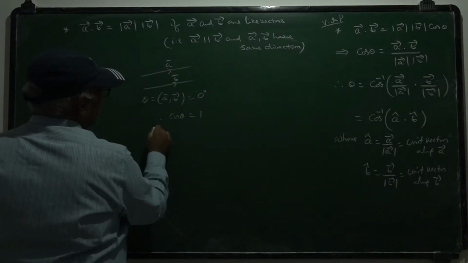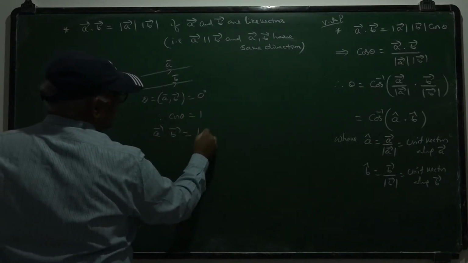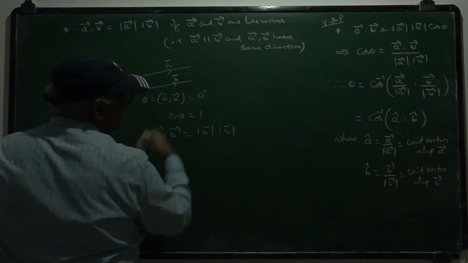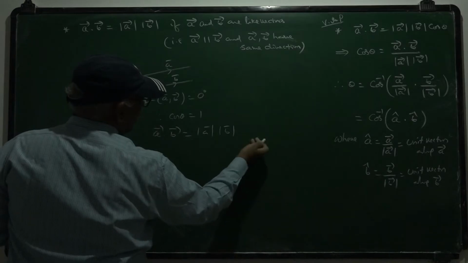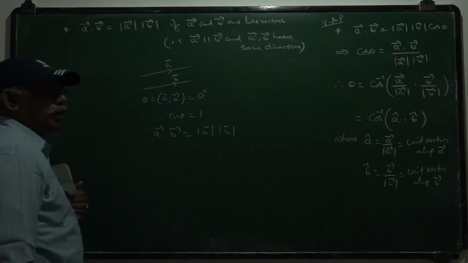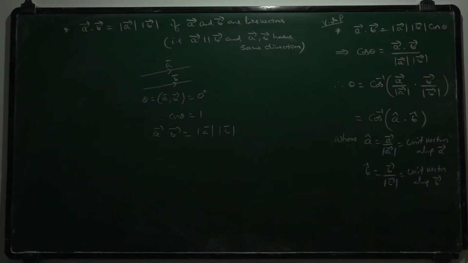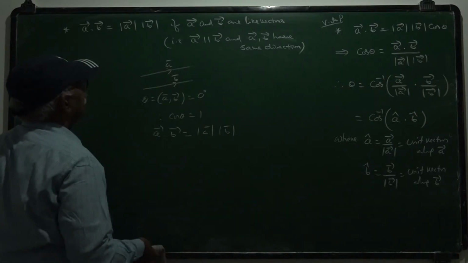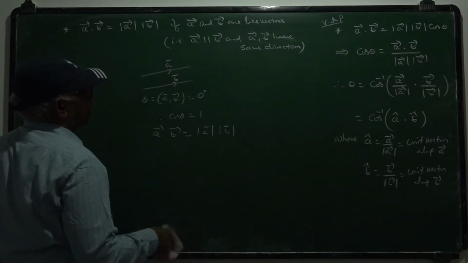In such a case, A bar dot B bar is modulus of A bar, modulus of B bar, since cos 0 is 1. Hence, A bar dot B bar is mod A bar, mod B bar itself.